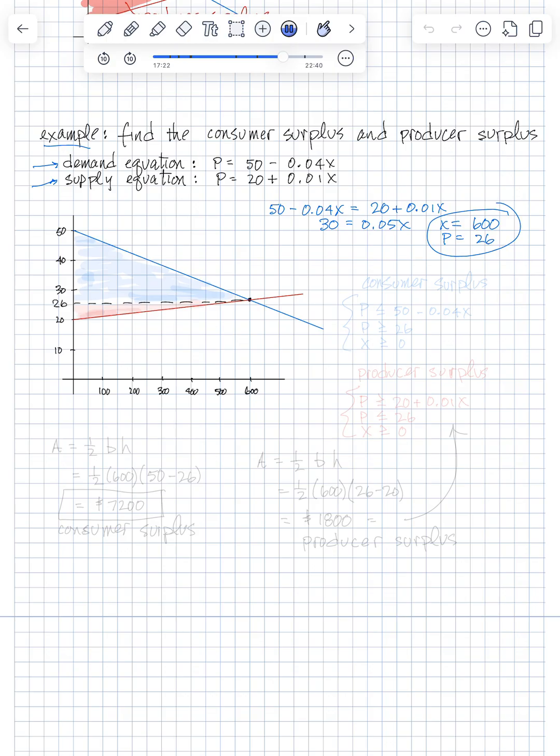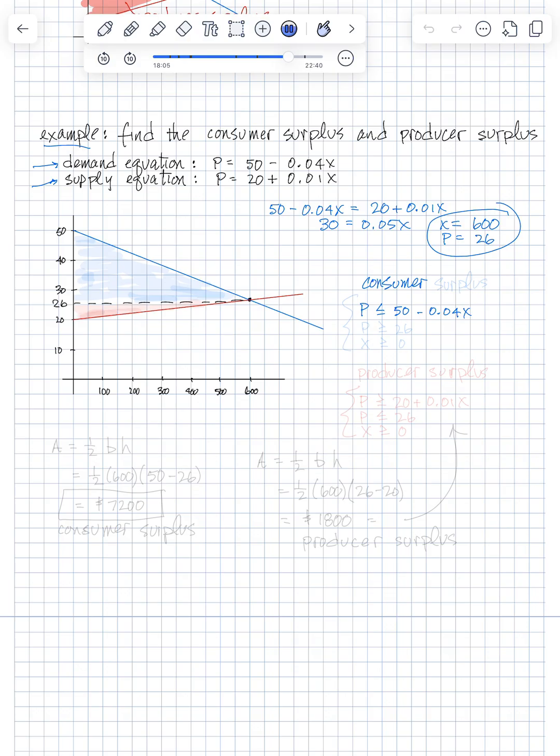And now we're ready to list our consumer surplus equations and the producer surplus equations. So we'll do the consumer surplus first. So the consumer surplus equations are P is going to be less than or equal to, because we know it's lower than after we drew the curve, 50 minus 0.04x.